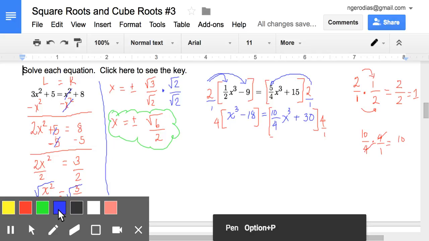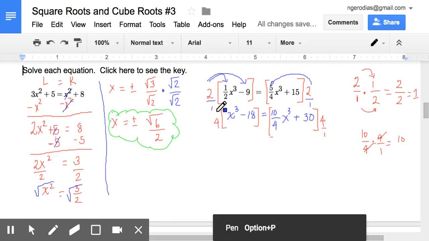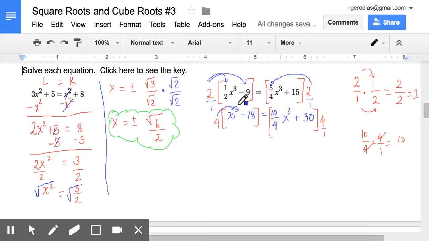So let's multiply this. So we're going to have 4 times x cubed is 4x cubed minus 4 times 18 is 72 equals 4 times 10 is 40 over 1 times 4 is 4, so 40 over 4 is 10x cubed plus 4 times 30 is 120.